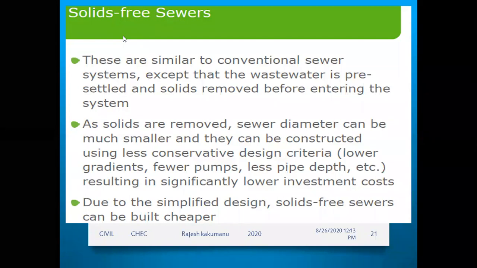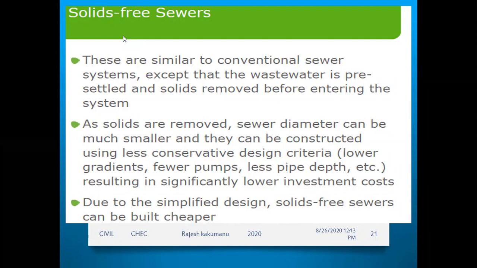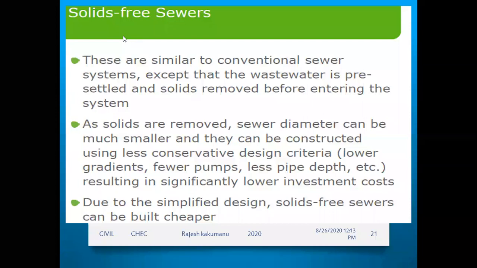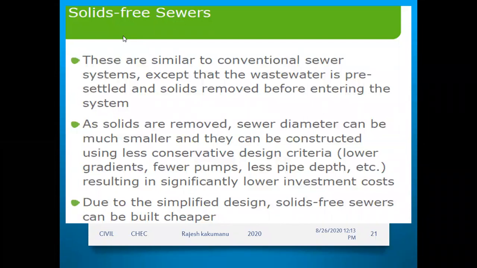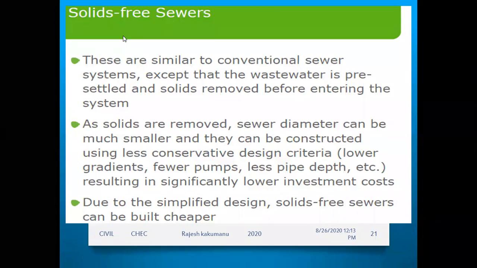You should have fewer pumping systems. Whenever you have more pipes, the maintenance cost is more. That's why we use fewer pipes, smaller diameter and depth, resulting in lower investment cost. This happens whenever you use proper design and optimization, and automatically the investment cost is low.